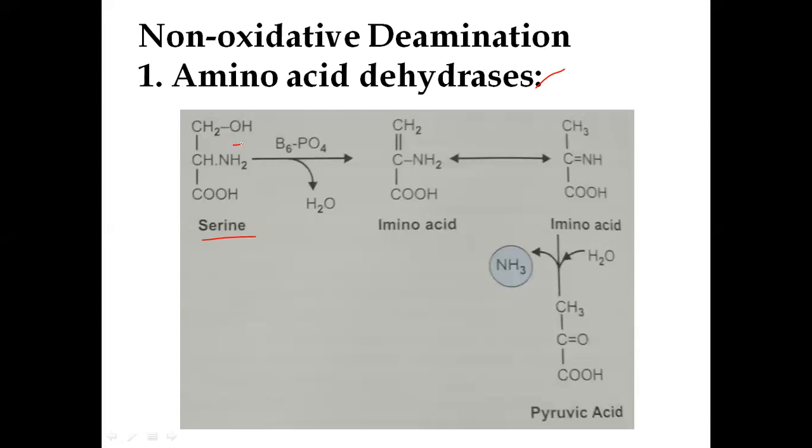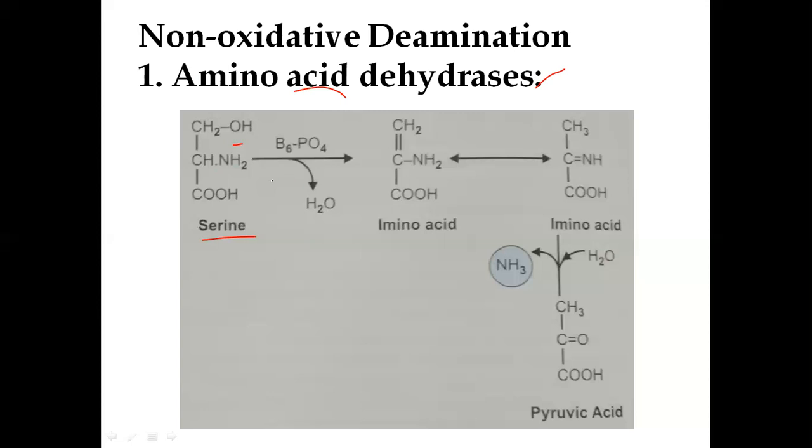Hydroxy amino acids like serine, threonine, and one more, homoserine, are deaminated by specific enzymes. These specific enzymes are amino acid dehydrases, which require pyridoxal phosphate as coenzyme, and the enzymes catalyze a primary dehydration followed by spontaneous deamination.